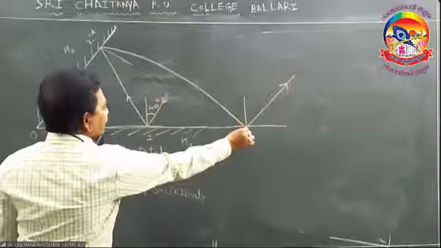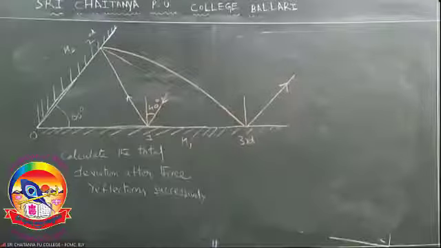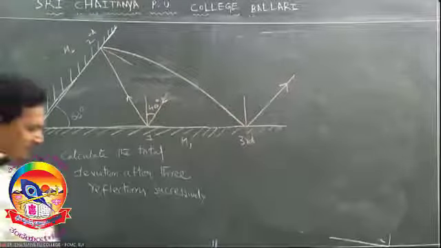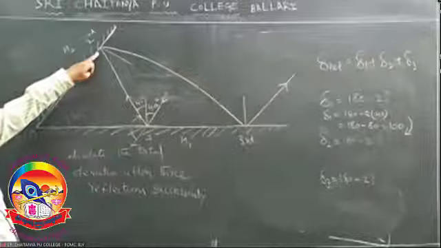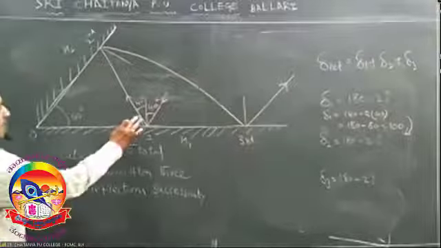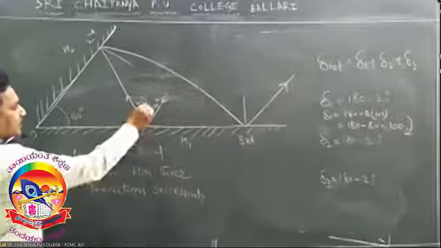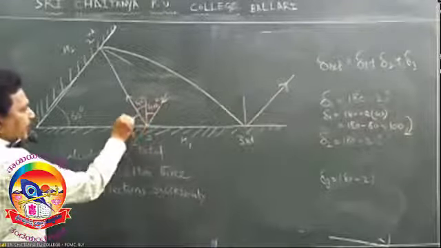We want the total deviation, the net deviation. Now here I want to calculate the deviation. I want this angle, very simple. If this is 40, this is equal to 50.